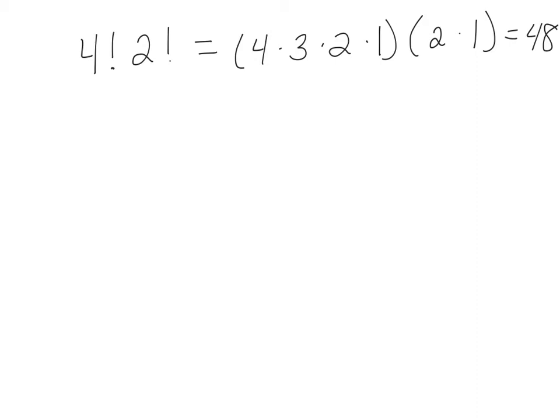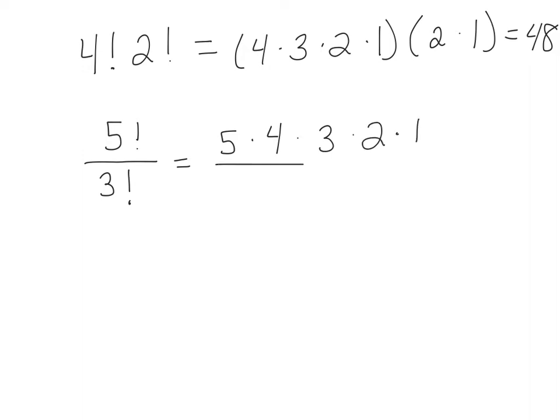There's also division of factorials, which is 5 factorial divided by 3 factorial. So that is 5 times 4 times 3 times 2 times 1 over 3 times 2 times 1. Now, if you don't have a calculator, it's pretty straightforward. You can cancel things out.